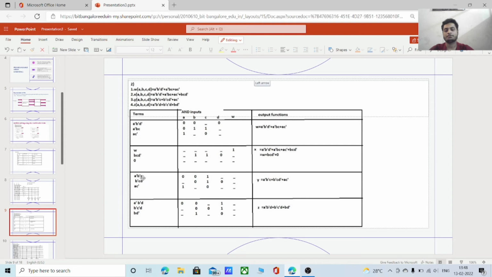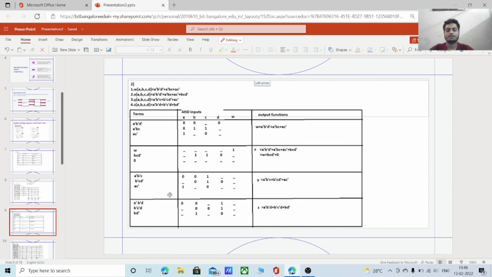The third term is A complement B complement C plus B complement C D complement plus A into C complement. For A complement B complement C, at A it's 0, at B it is 0, at C it is 1, and at D and W it is dash. For B complement C D complement, at A it's dash, at B it is 0, at C it is 1, at D it's 0, and at W it's dash.